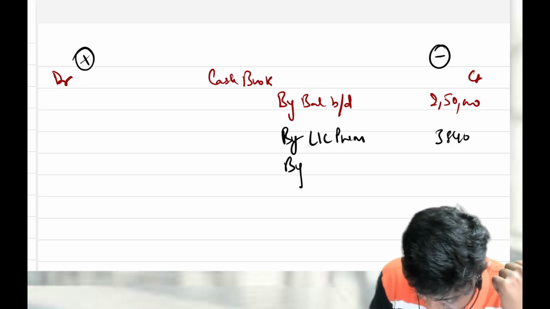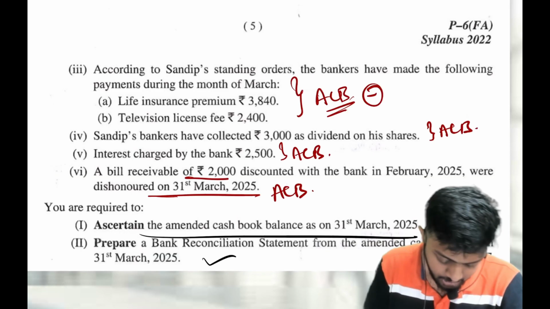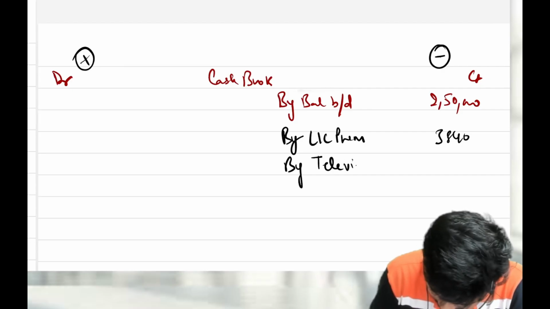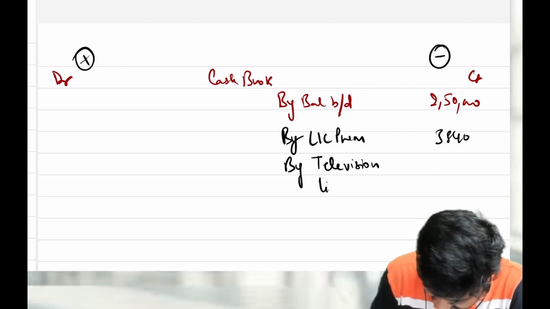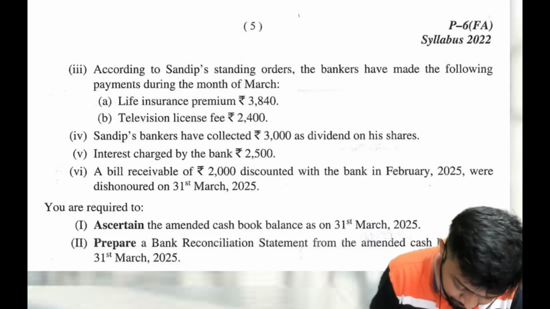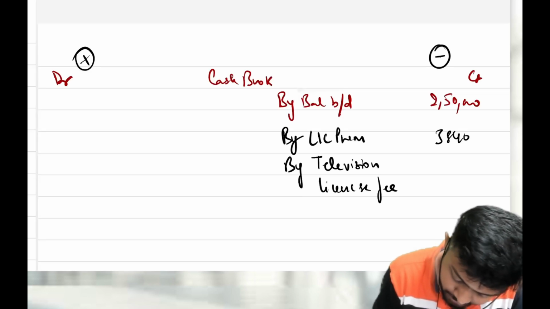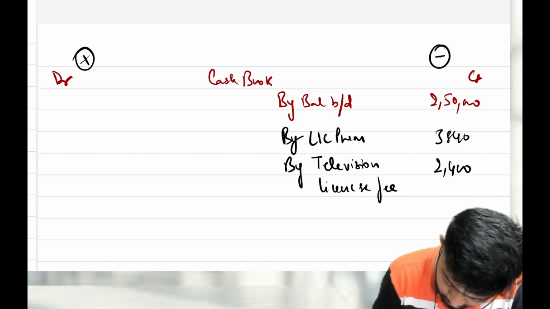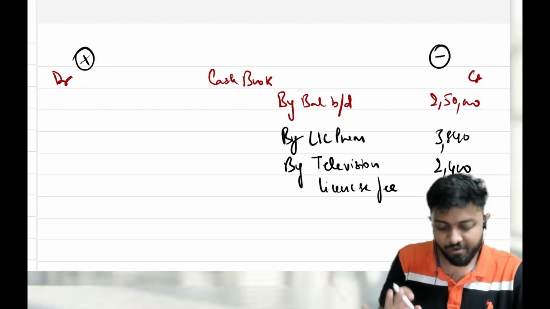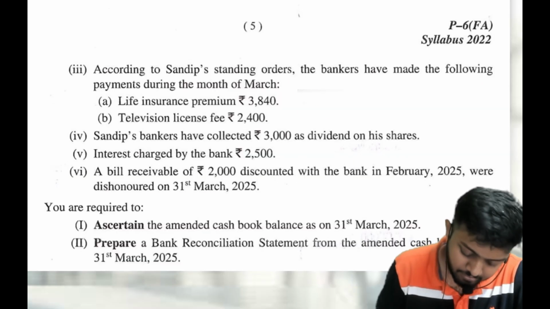Then by television license fee, how much? It's 2,004. So minus, I have to reduce it from cash book as well. Okay, done. Next.